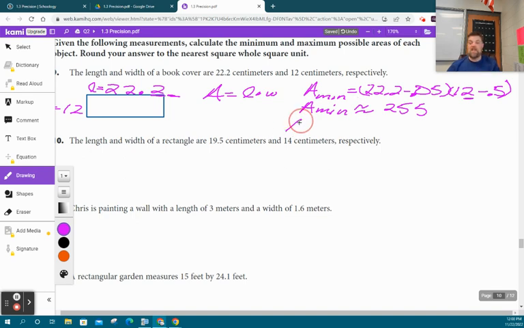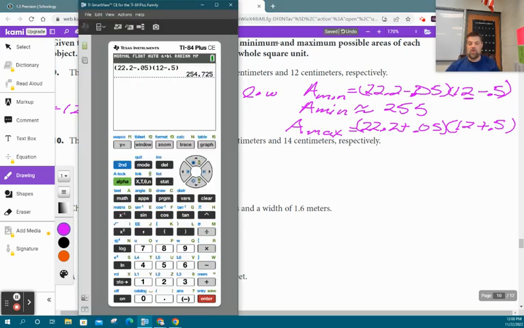Now for the area maximum, we do the same thing, except we're going to add. In other words, we'll say 22.2 in parentheses, but now we're going to add 0.05 times 12 plus 0.5. So the same thing, except now I'm going to add the 0.5.